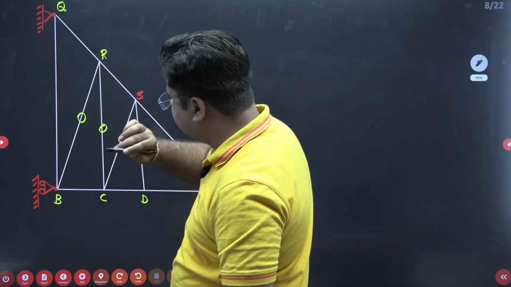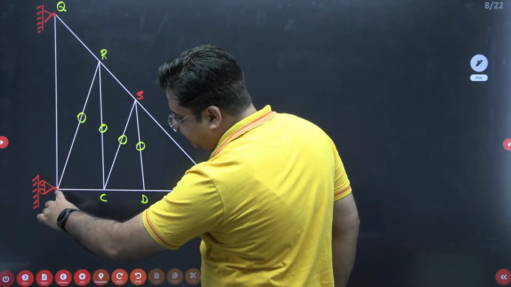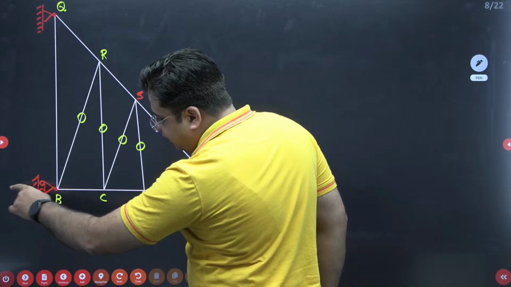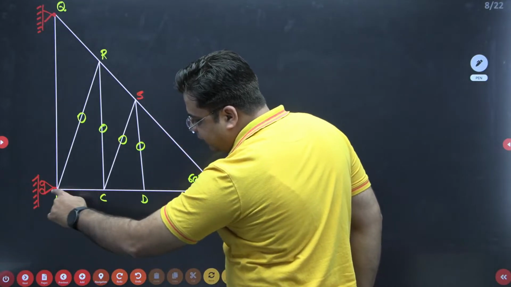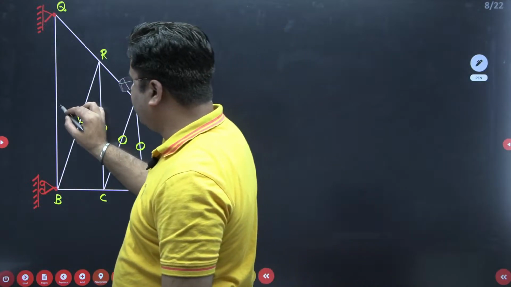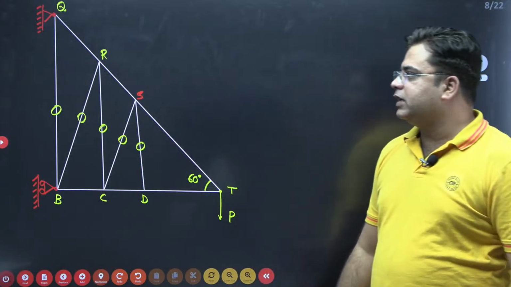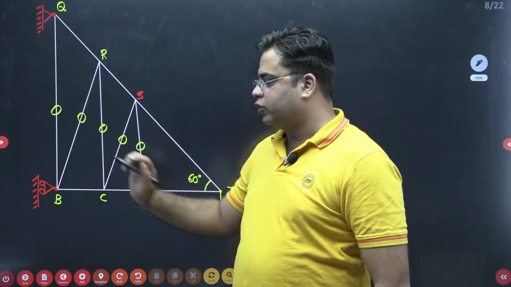Therefore, this is also a zero force member. Next, at this joint B, the support reaction is in line with the member BC. So this third member, which is not in line with the support reaction and the member force, has zero force, right?